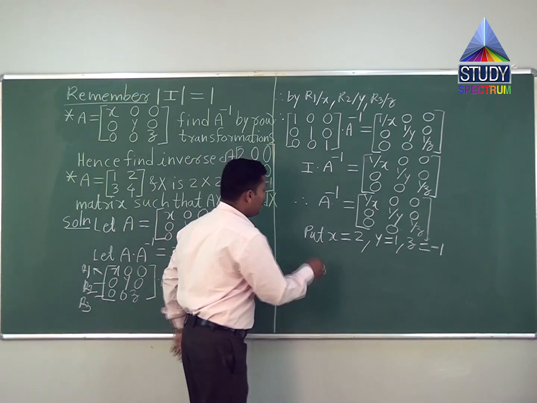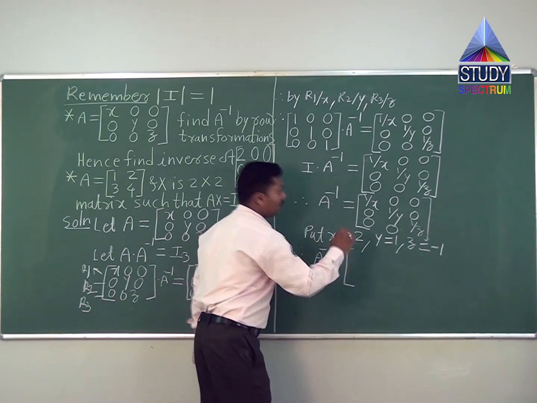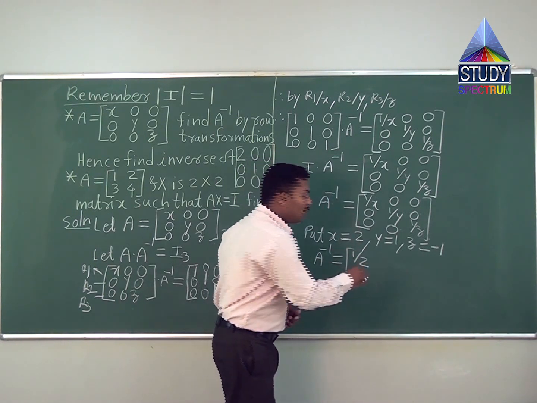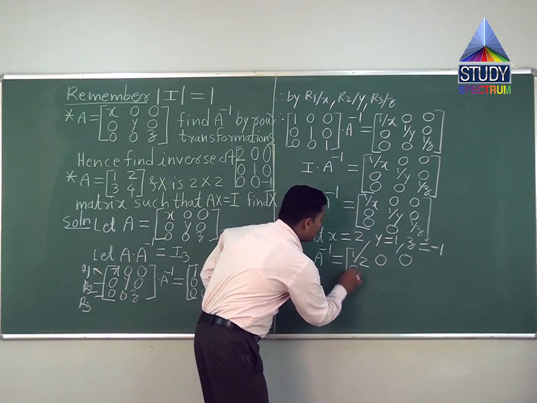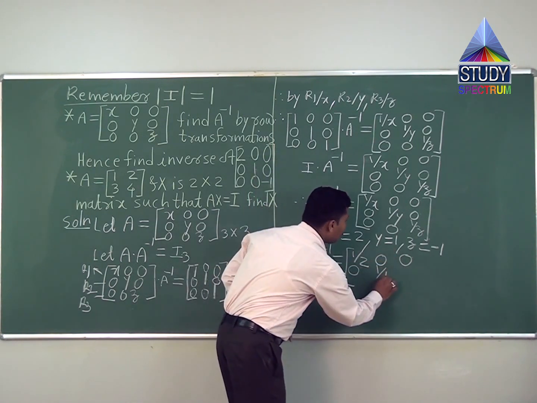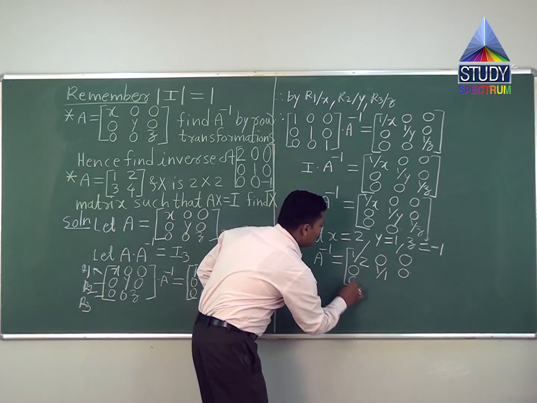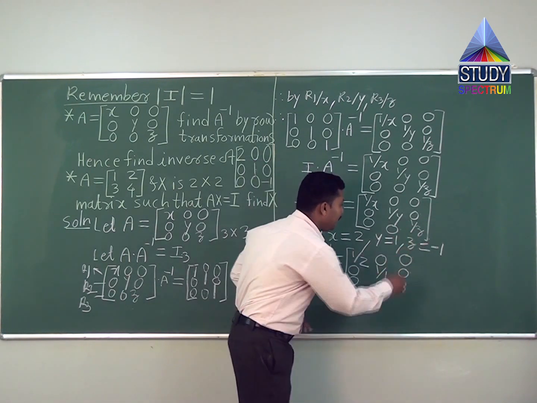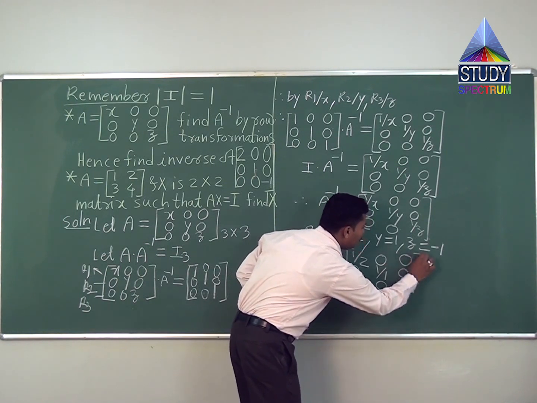Therefore A inverse equal to: 1 upon 2, 0, 0; second row 0, 1 upon y is 1, 0; and last row 0, 0, and 1 upon z, with z equal to -1, so 1 upon -1.